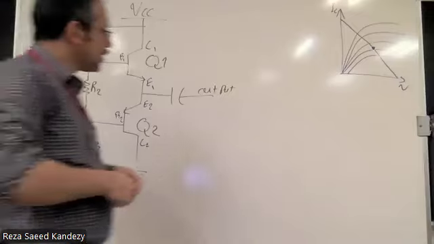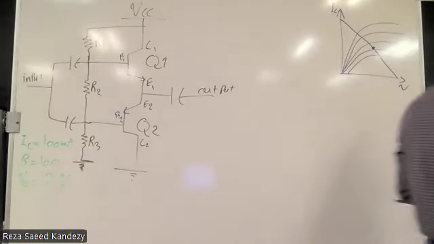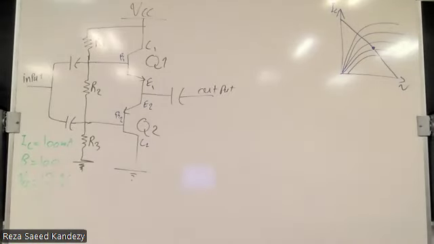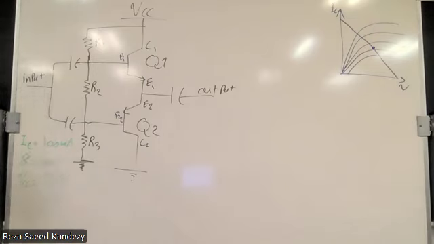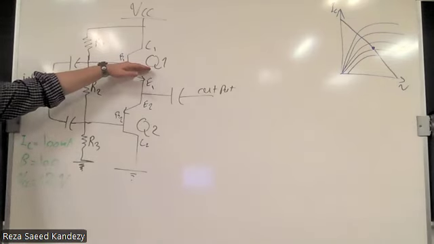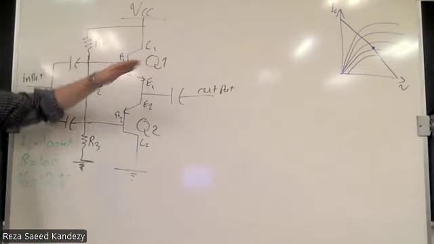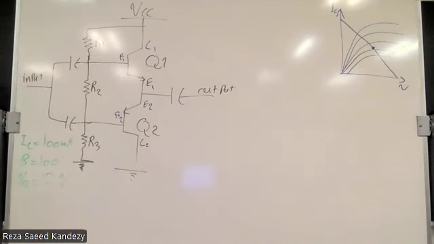And again, we already talked about that. If we wanted to be in the middle point of our line, that means the VCE should be half of the total voltage. That was for one BJT. Do you remember that?